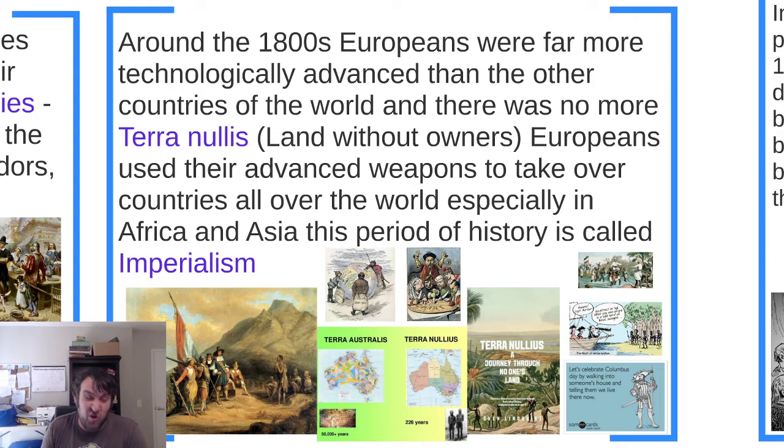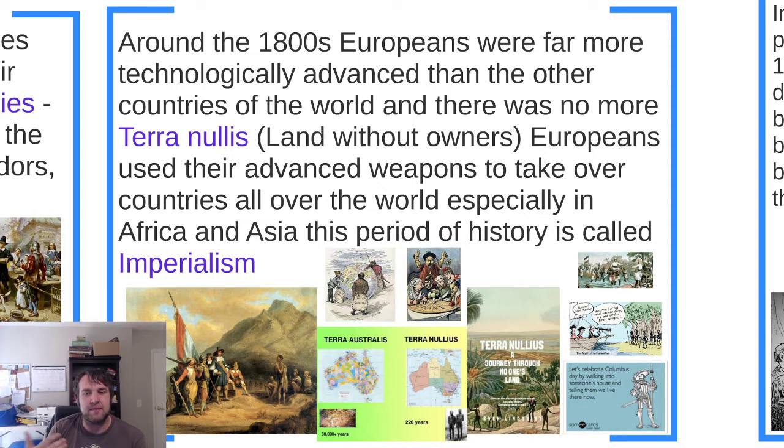Europeans took over the whole dang world, especially in Africa and Asia. I think almost every inch of Africa was owned by a European country at some point. And the legacy of that is so many African countries speak European languages today, because they were kind of forced to at gunpoint.